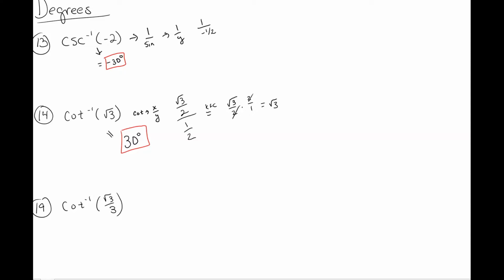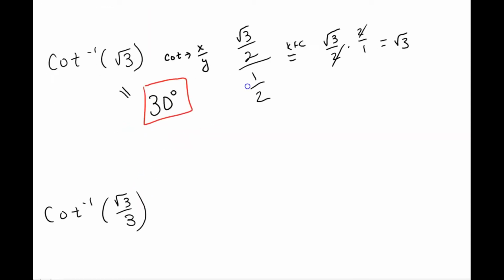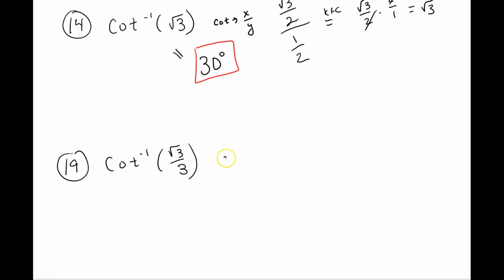All right, so this one again, recall yet again that the cotangent is x divided by y. So I'm going to guess that it's going to be someplace where 1/2 is being divided by the square root of 3 over 2. And it's positive.